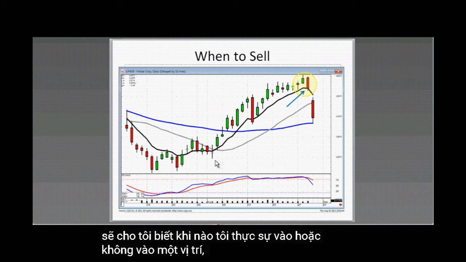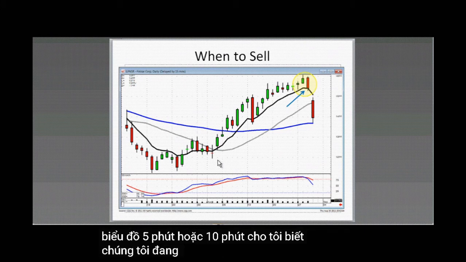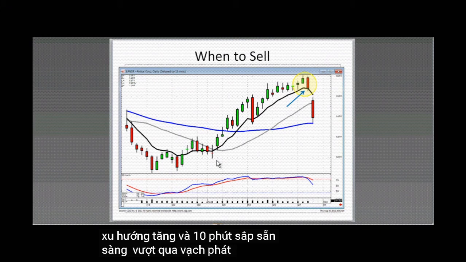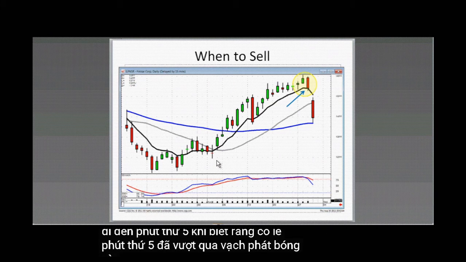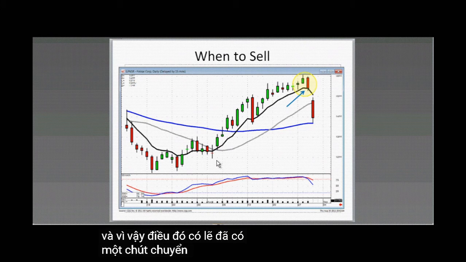For example, if I see a 5 minute or a 10 minute chart showing me that we're in an uptrend or starting an uptrend, and the 10 minute is about ready to cross over the T line, and I can go to the 5 minute knowing that probably the 5 minute has already crossed the T line, and so that's probably had a little bit of an up move.